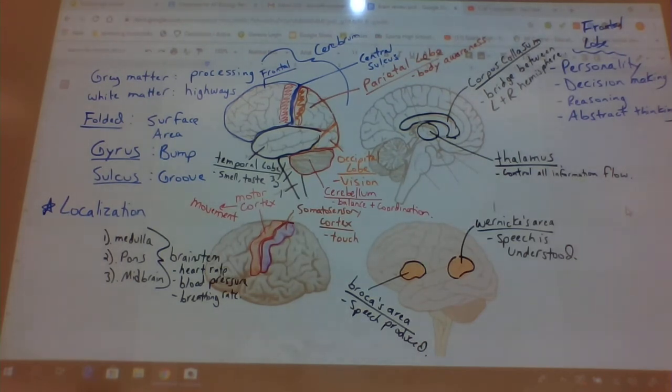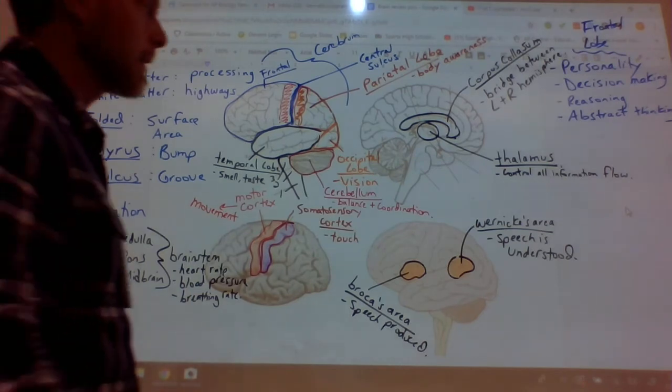All motor output leaving the brain first goes through the thalamus. Any information going from one part of the brain to another part of the brain first goes through the thalamus. And the thalamus controls where all information goes. Can you survive without an intact thalamus? Absolutely not. It is the most critical of all brain structures.